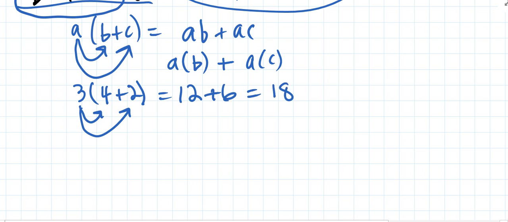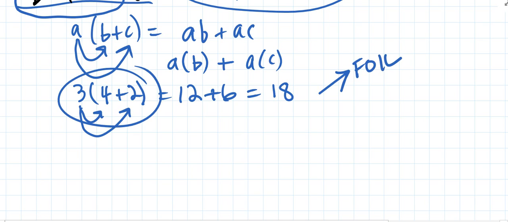So you see the interaction between multiplication and addition very easily with the distributive property. And this brings up FOILing, which you will use later in the course. But these are the 3 basic properties of real numbers.